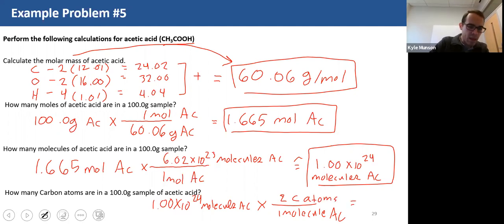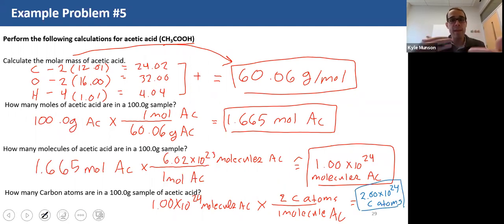Okay, and I don't know if I can fit that there, so I'm going to try my best. 2.00 times 10 to the 24th carbon atoms when you plug that in your calculator.